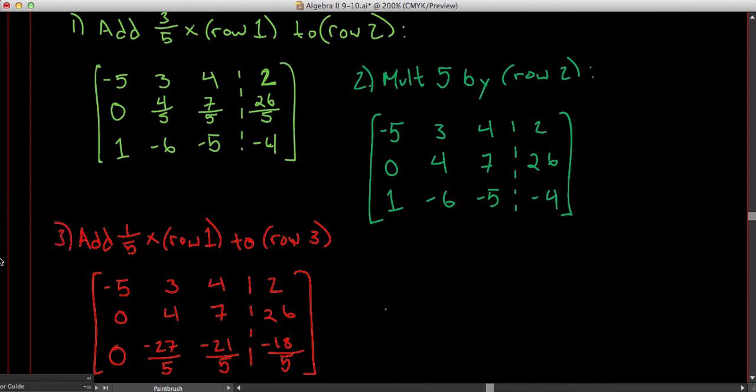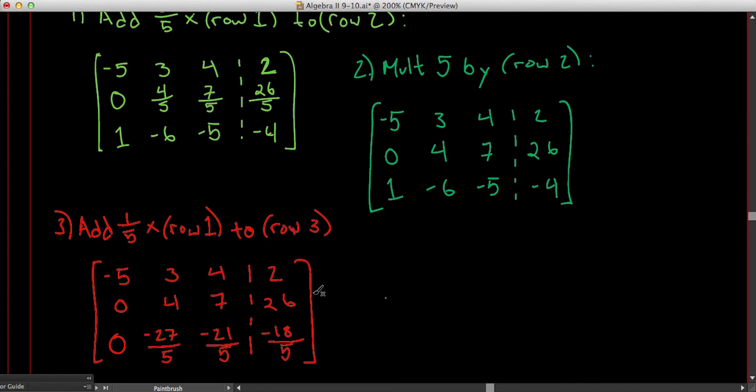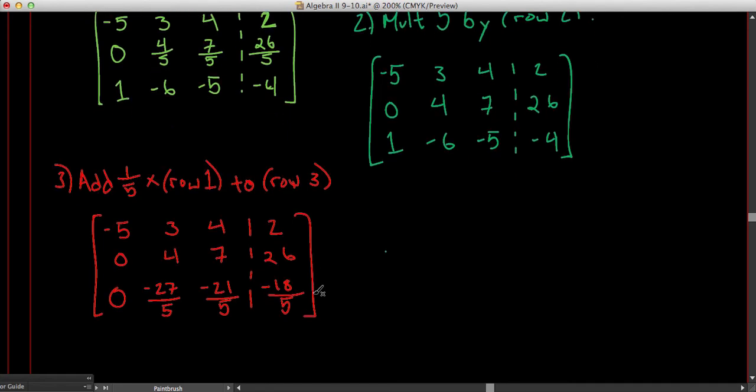And now the next thing that I'm going to do is clean up, but also reduce a little bit the third row. So the third row, I can get rid of all the 5's in the denominator, but I can also recognize that all the numerators are divisible by 3. And they're all negative.